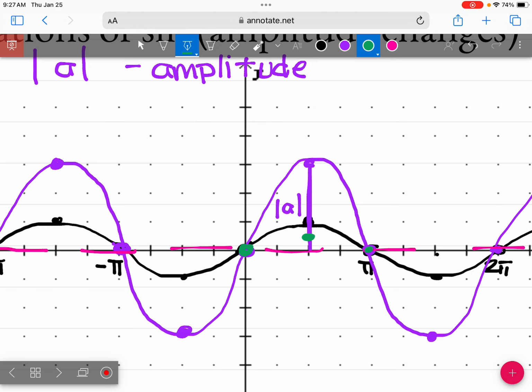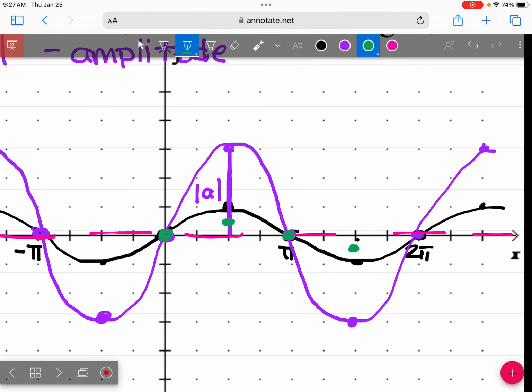Okay? So it's still 0 when we get to pi. When we're at 3 pi over 2, it's at a half. When we're at 2 pi, it's still 0. When we're at 5 pi over 2, we're at a half.